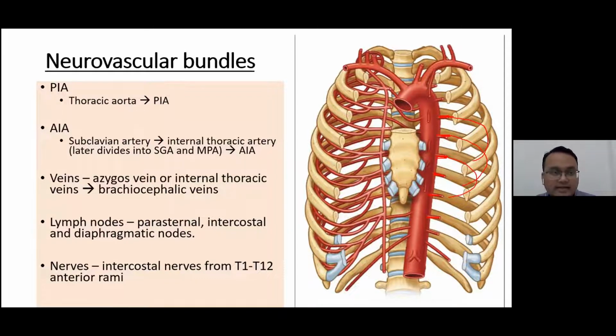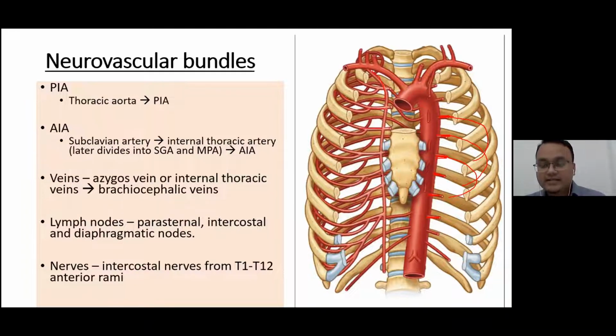And then the anterior intercostal artery derives from the subclavian artery, and from the subclavian artery anteriorly it gives rise to the internal thoracic artery. The internal thoracic artery will pass down between the costal cartilage and the body of the sternum all the way, and then it will start to give out branches.